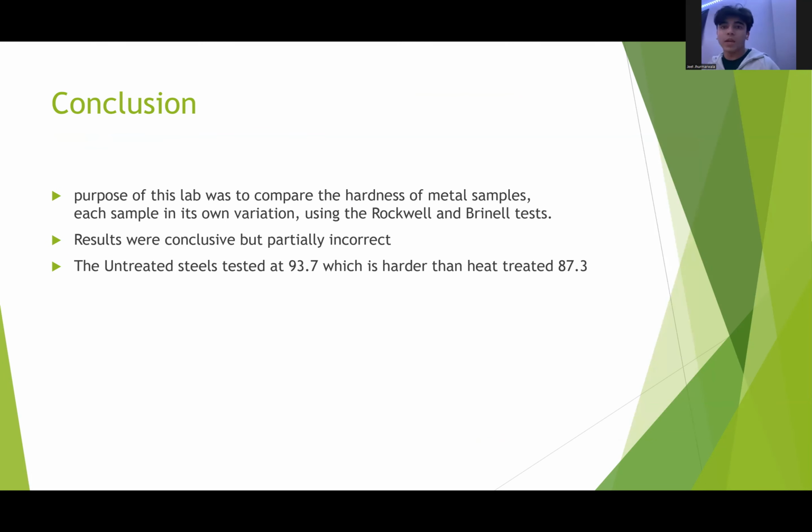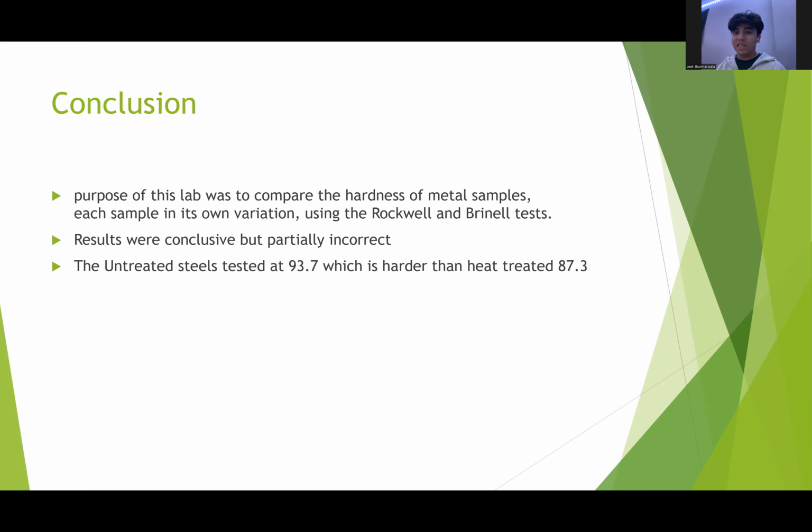So to tie it all together, the purpose of this lab was to find the hardness of different materials using the Rockwell and Brinell tests, and our results were really good, besides the untreated and the heated steel, because usually the heated steel is supposed to be harder than the untreated one, and the findings did not add up to that.